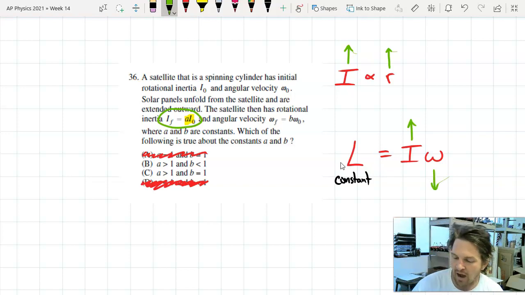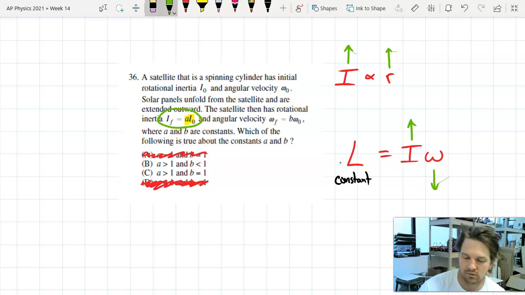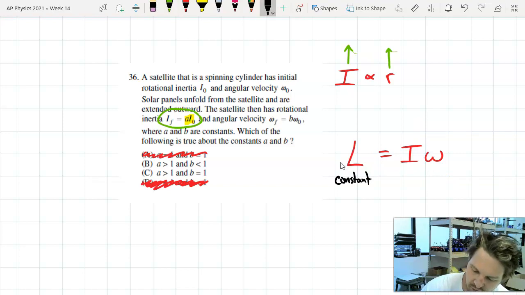So if I increased, omega has to spin slower so that that number doesn't change. For example, let's say this number was 10. Originally we could say that I was 5, which would make omega have to be 2.